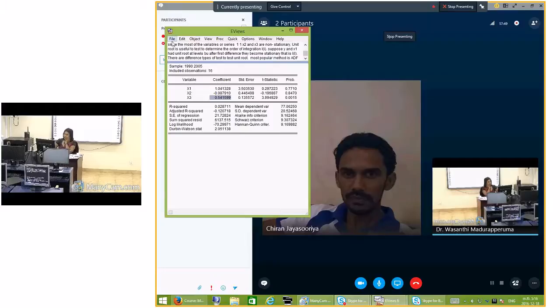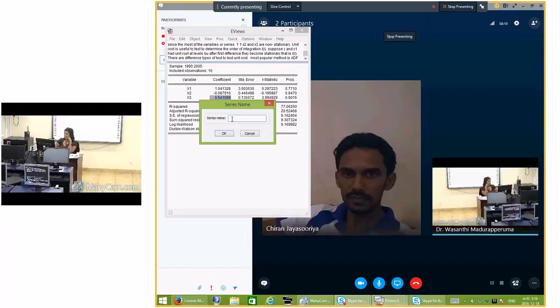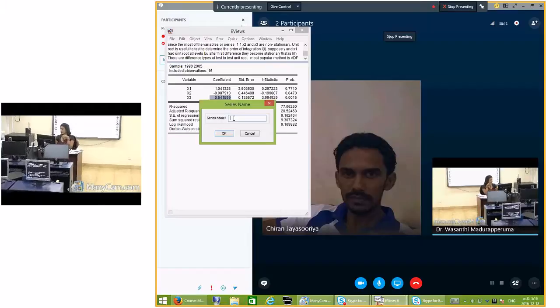Go to that file. Now go to Quick, then Series Statistics, and select Unit Root Test. Select each variable separately, first y.